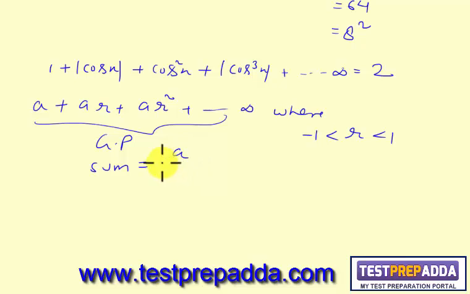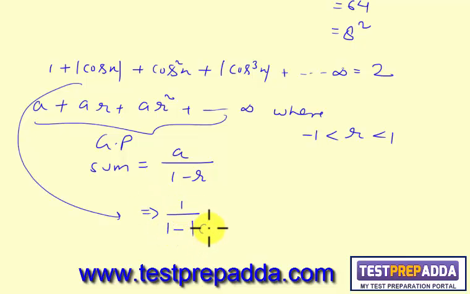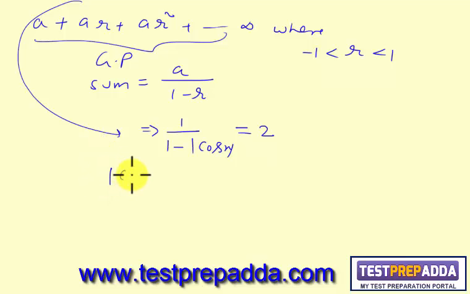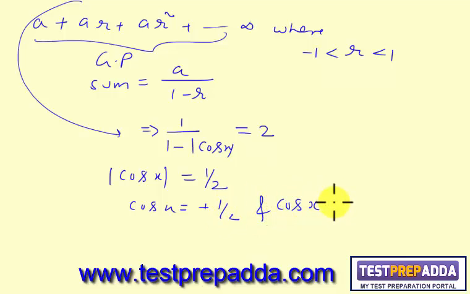Summation of this GP is written as A upon 1 minus R. Okay, and that is why I can write this left hand side as 1 upon 1 minus mod cos x, which is equal to 2. And on this basis, I can write mod cos x is equal to half. So cos x is equal to plus half, and cos x is equal to minus half. Okay.